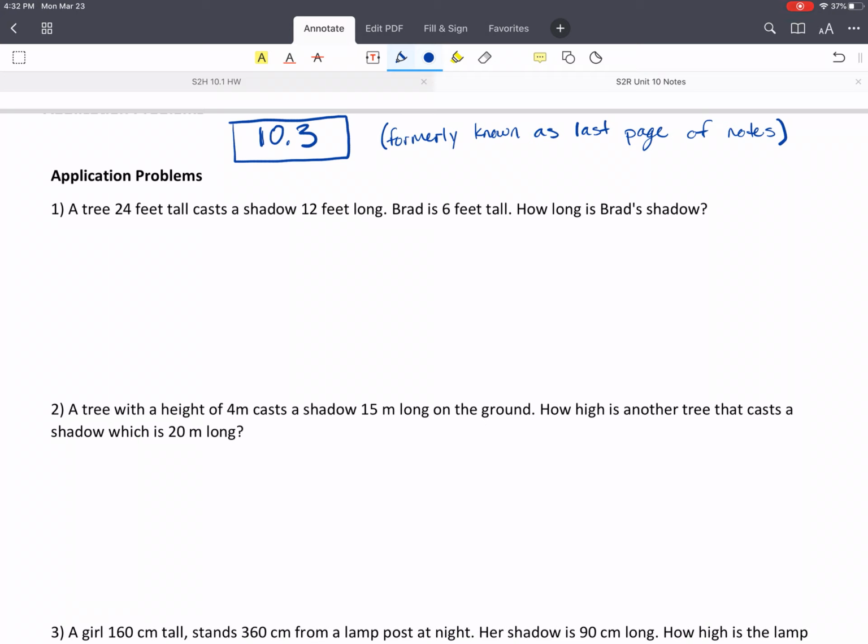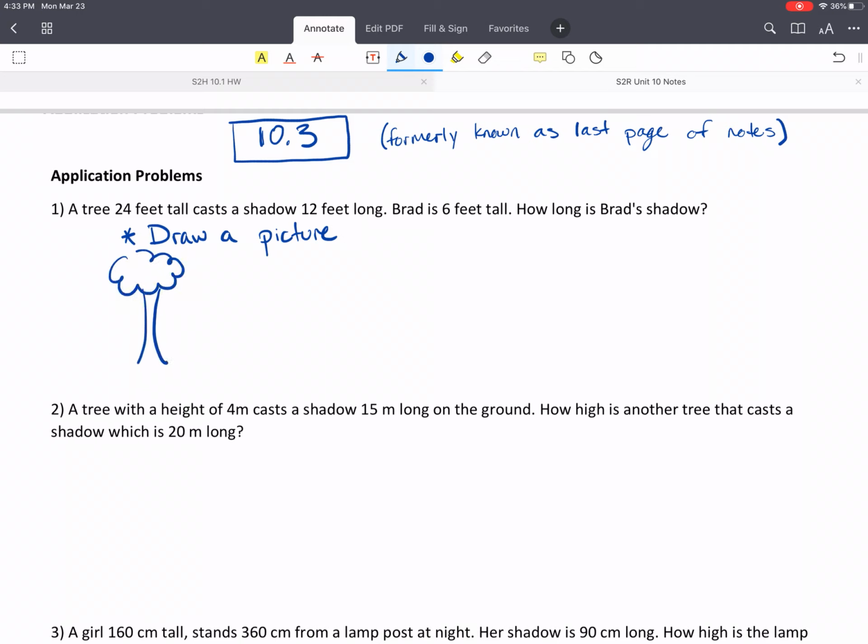So last time we talked about similarity and how it's all about scale factor, proportional sides, things like that. So here's the big idea here. With any word problem, I just want you to draw a picture. So I have a tree 24 feet tall, cast a shadow 12 feet long.